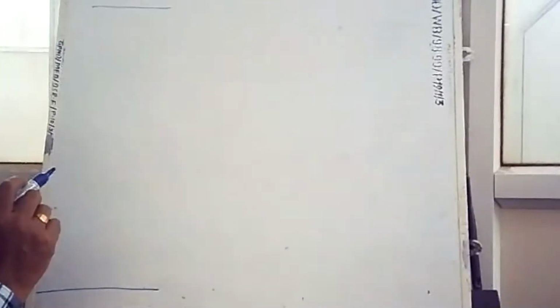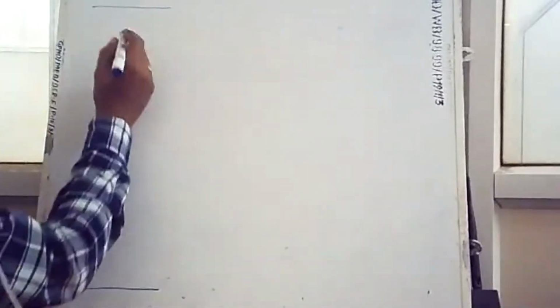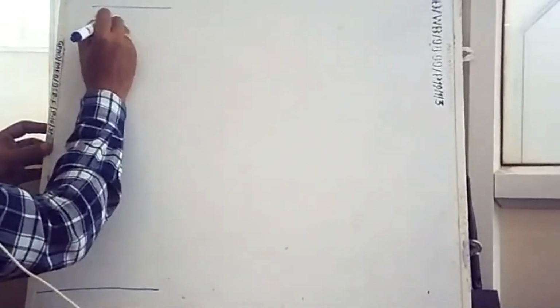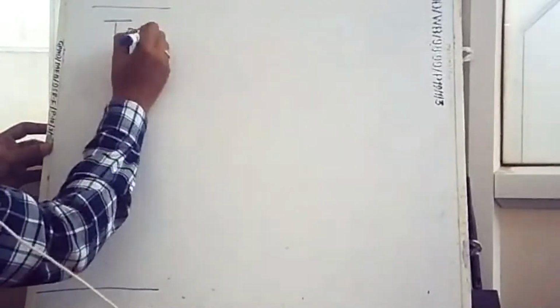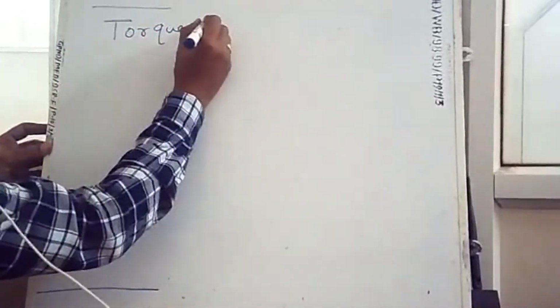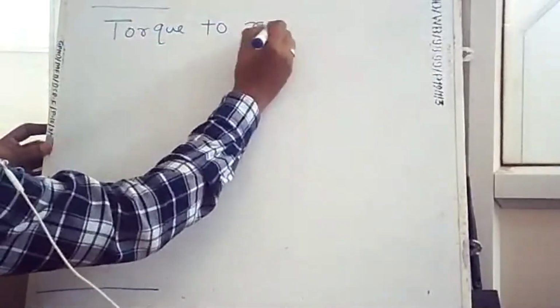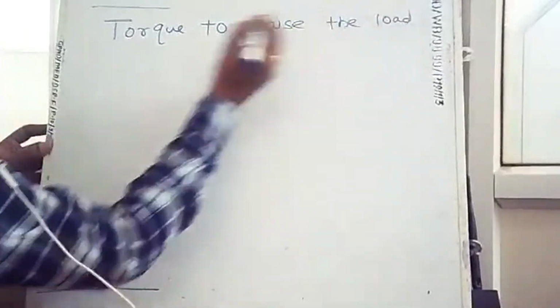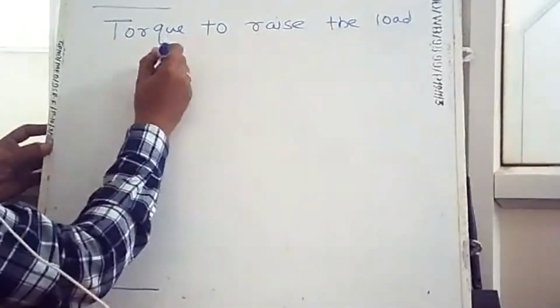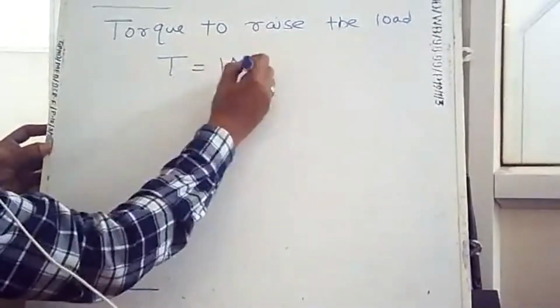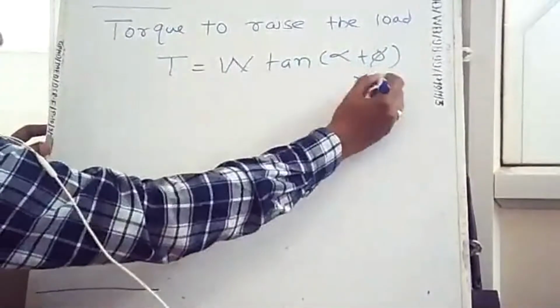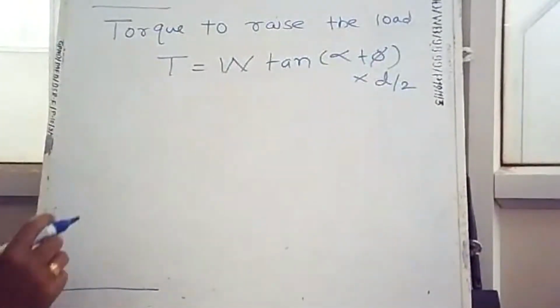In our equation we have seen the torque required to raise the load. Now let us see the torque required to lower the load. The torque to raise the load that we have seen is T equal to W tan of alpha plus phi into d by 2.